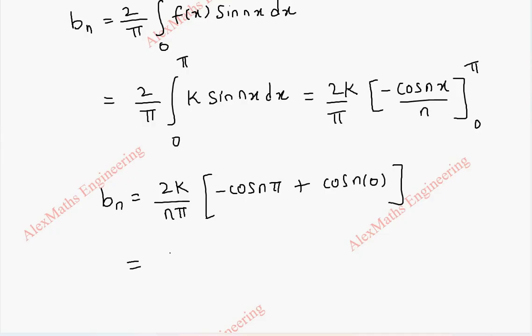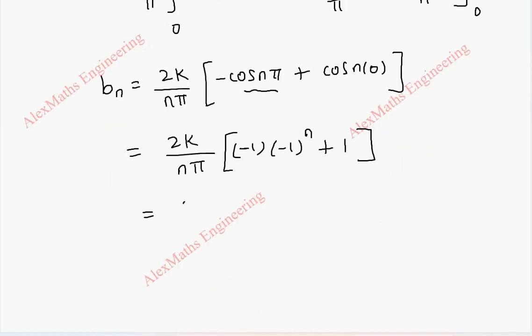Now this becomes 2k by n pi, cos n pi, there is a minus sign outside, we keep that as minus 1, and cos n pi is minus 1 whole power n, and cos 0 is 1. Now finally we have this as 2k by n pi, and this is minus 1 whole power n plus 1, plus 1. So this is our bn.